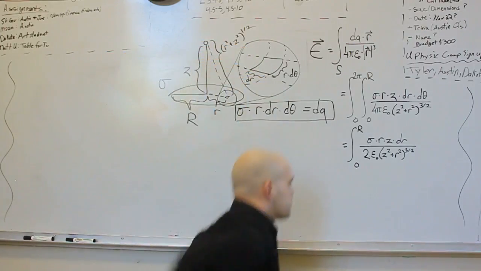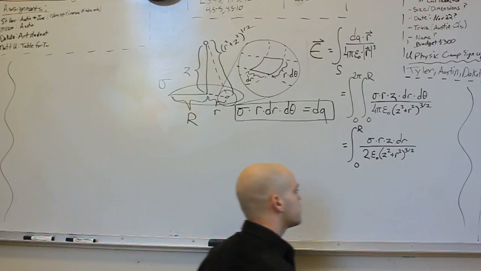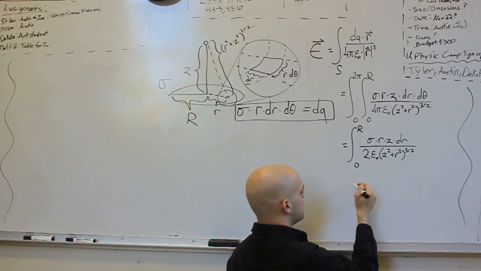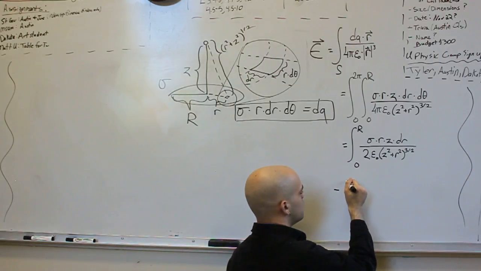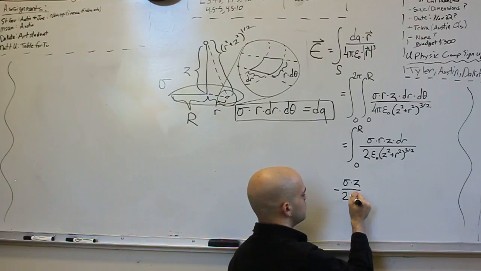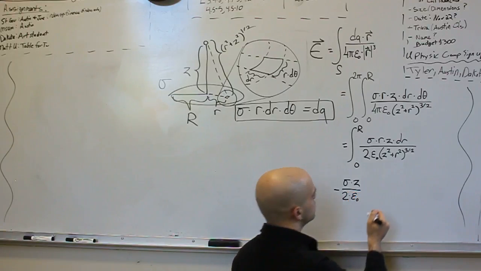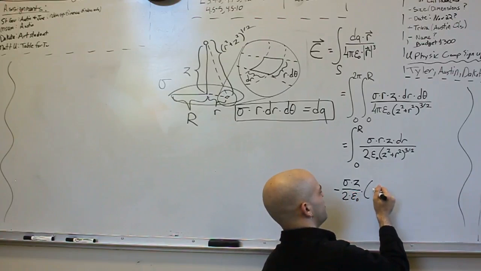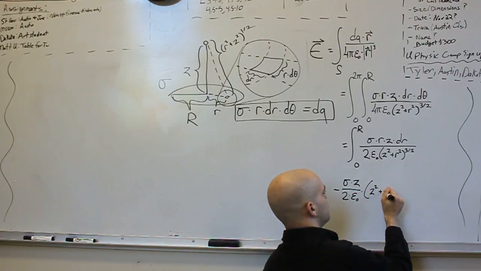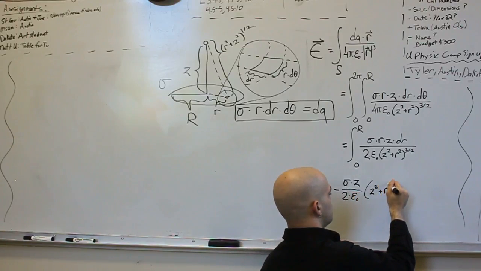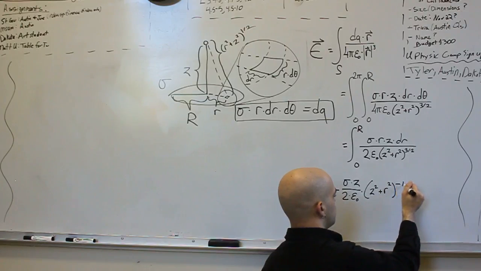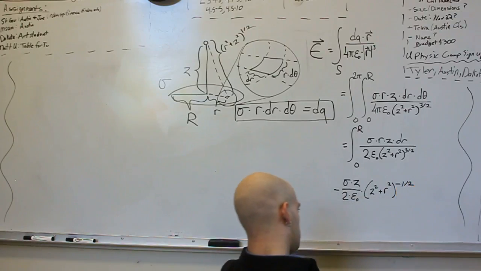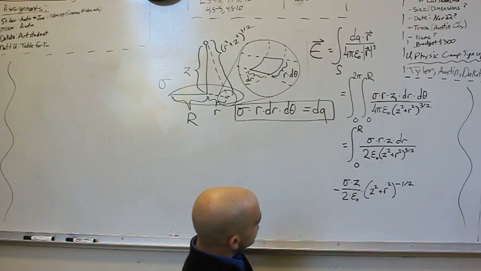In any case, the indefinite integral of this is going to be, let's see, negative sigma times z over 2 times epsilon naught times that should be correct.